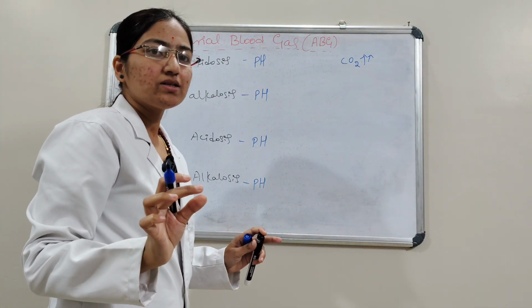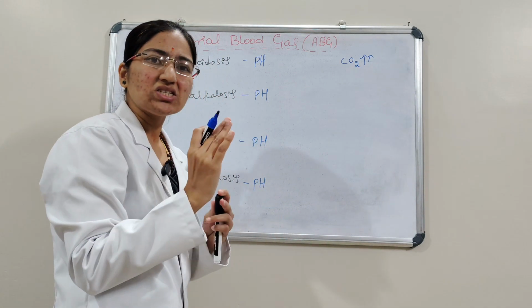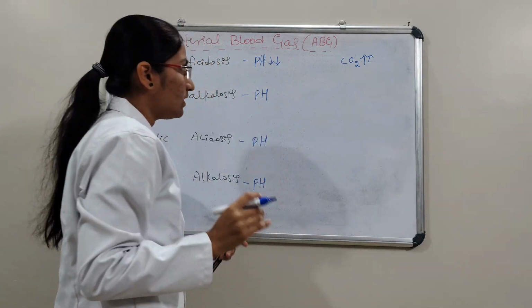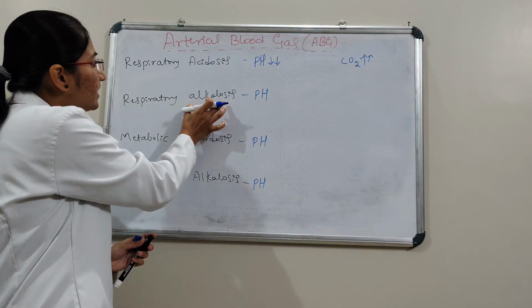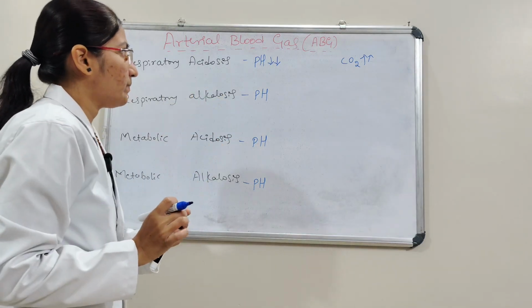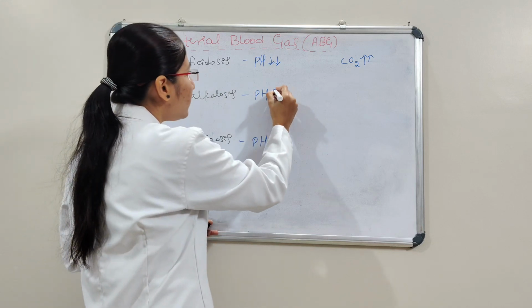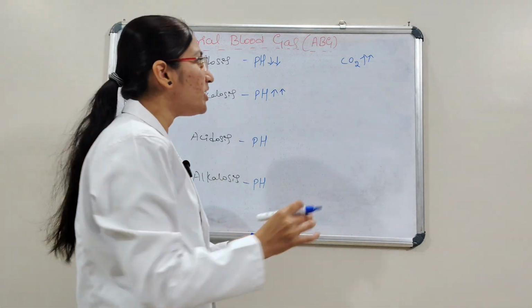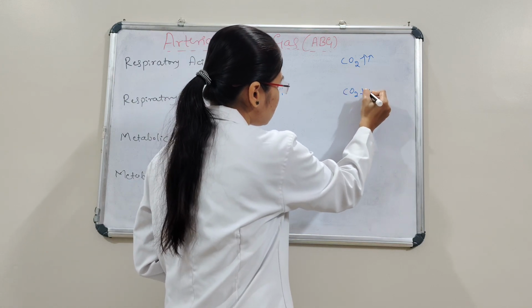Already I have said the formula: if CO2 increases, pH always decreases. Then respiratory alkalosis. In acidosis pH decreases; in alkalosis pH increases, and pH increased means automatically CO2 decreases.